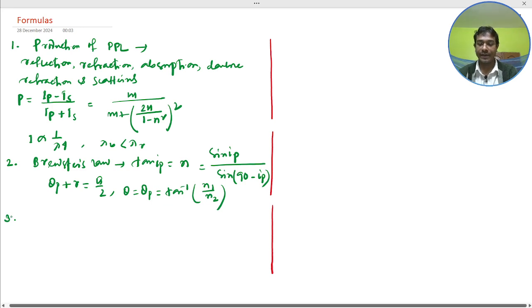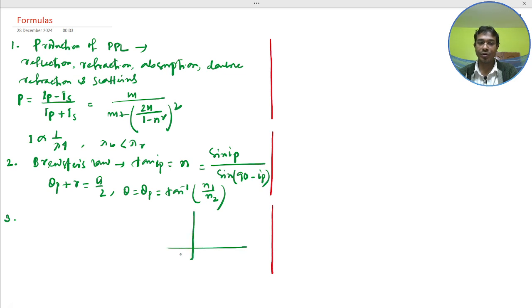Next one is the Malus law. This is the origin, x and y axes. Suppose this is O and P, and this is the analyzer, and this is the transmission plane of the polarizer.